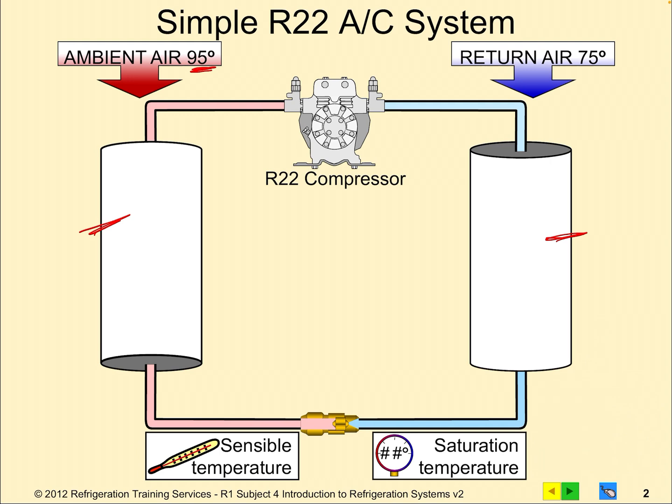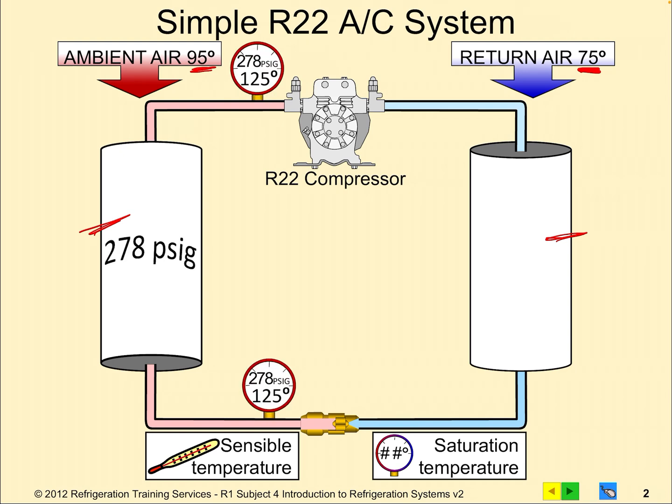On the right side of the illustration, we're looking at that tank representing the evaporator. And being that we are looking at an air conditioning system with 75-degree air, that would mean that we're going to need an evaporating temp that's cooler than the 75 degrees. So we're going to take a look at the left side now.